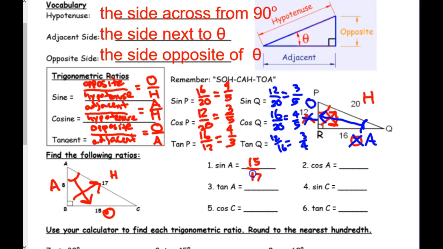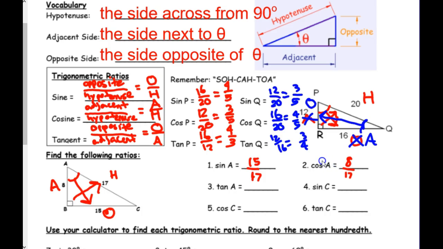All right, now, someone in the front row here, you can help me with number 2. Cosine stands for what over what? Ka, right? So A over H is what over what? Regular 8 over 17, yeah. I'm using the line as my fraction bar.